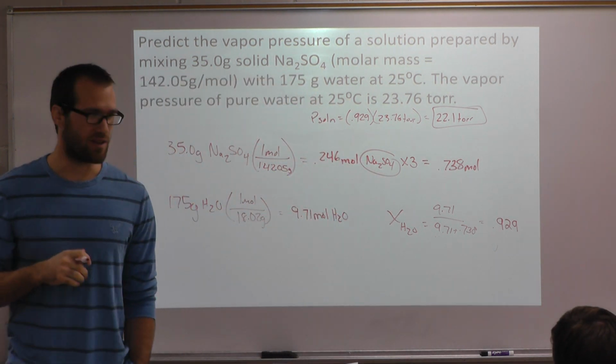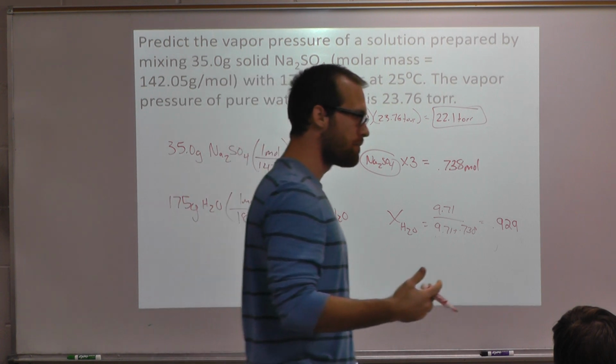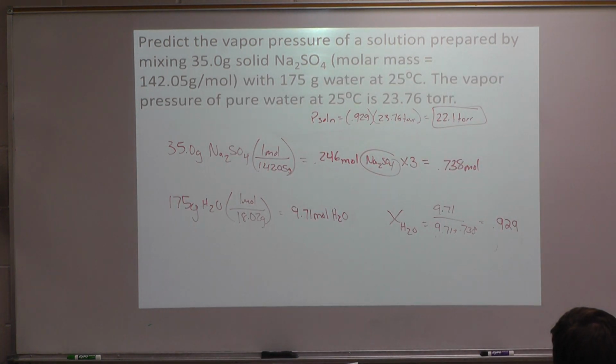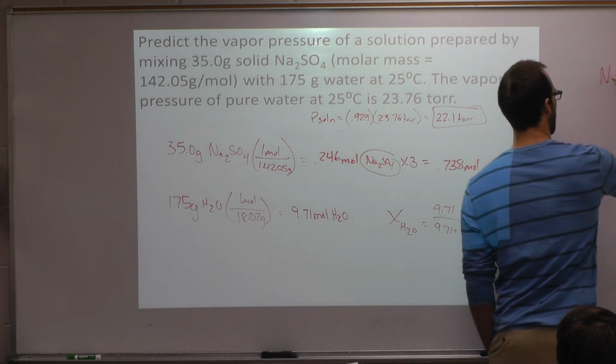Now this should also make sense when we throw salt on the ground to get the ice to melt. What we're essentially doing is creating a solution which lowers the vapor pressure, which therefore lowers the freezing point, making it essentially melt at a lower temperature. And this is why they don't use NaCl.